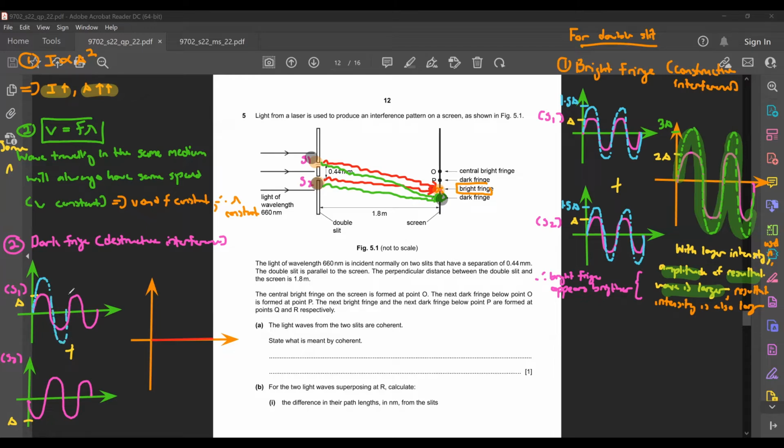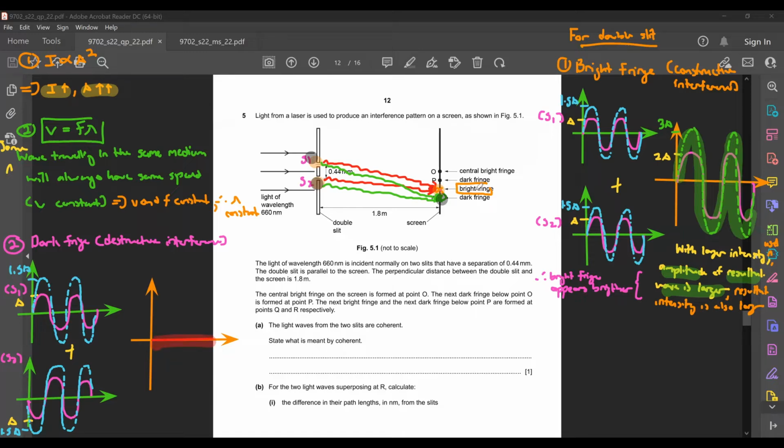If I have a larger amplitude of the wave as a result of larger intensity, because they still meet destructively or 180 degrees out of phase, and the amplitude still remains the same, complete cancellation still occurs. So this one, if I tell you, is again 1.5A, and this one is again 1.5A. They meet destructively, they still have complete cancellation. So you're still going to end up with this.